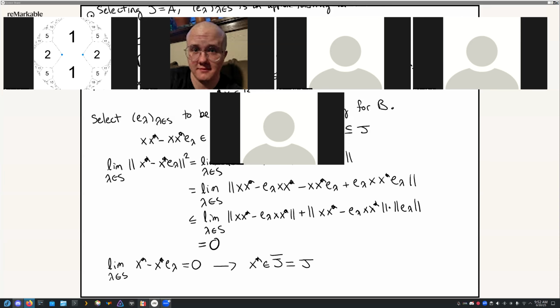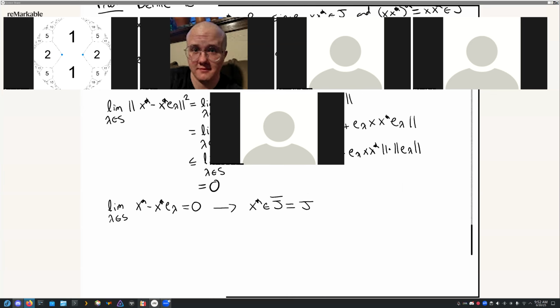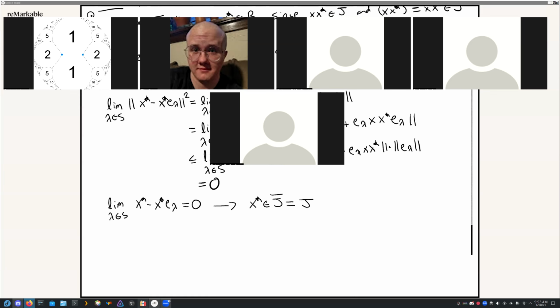And because of this lemma, we know that all closed two-sided ideals are actually closed under taking adjoints. So J is a closed subset of a C-star algebra.